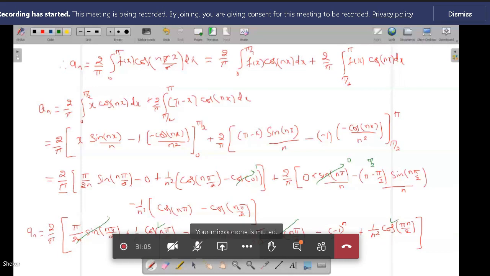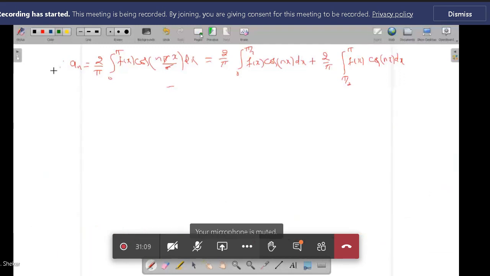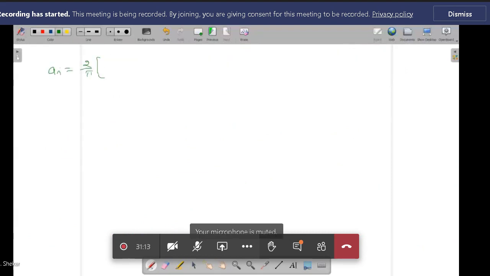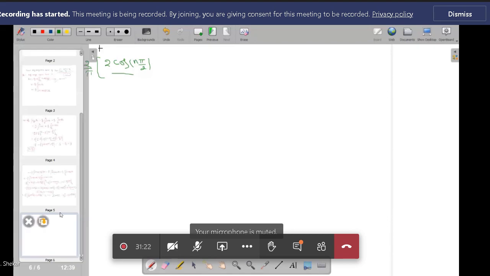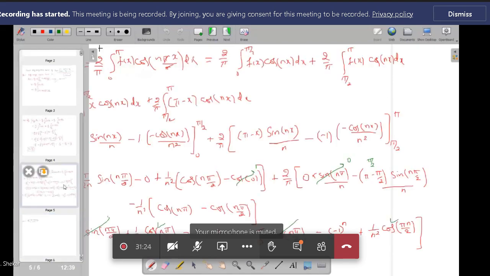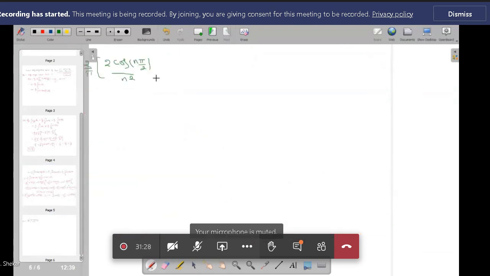So the final result is a_n is 2 by pi into 2 cos n pi by 2 whole divided by n square, minus 1 by n square into 1 plus minus 1 power n.